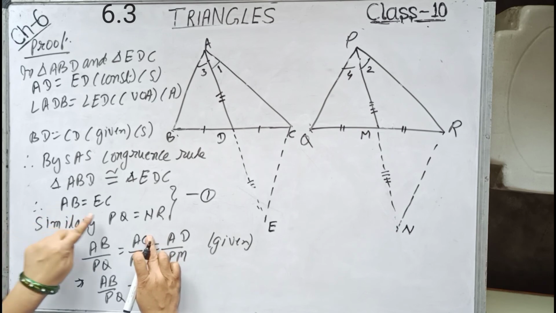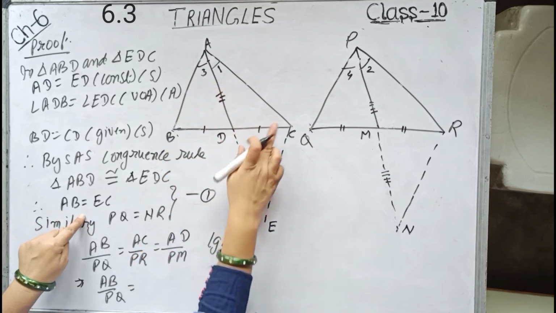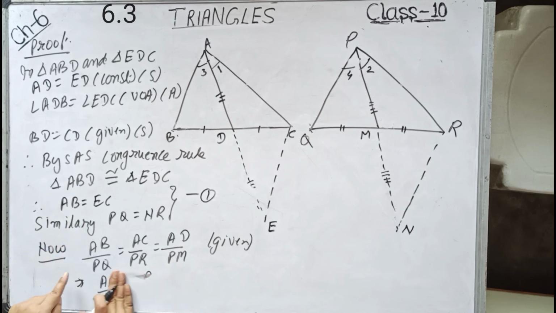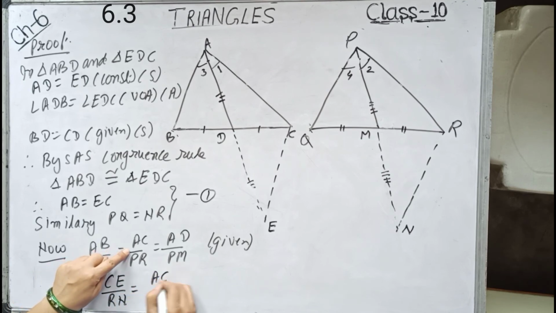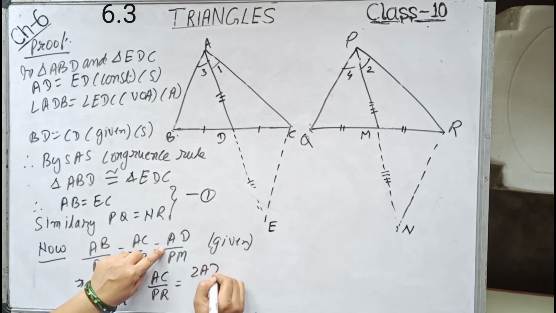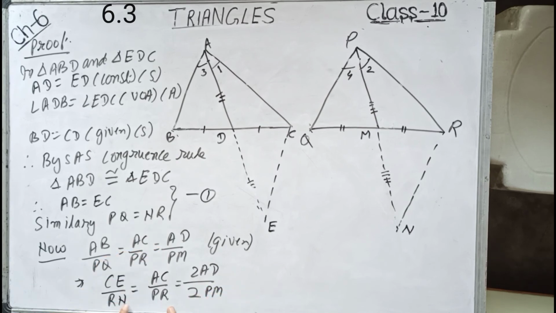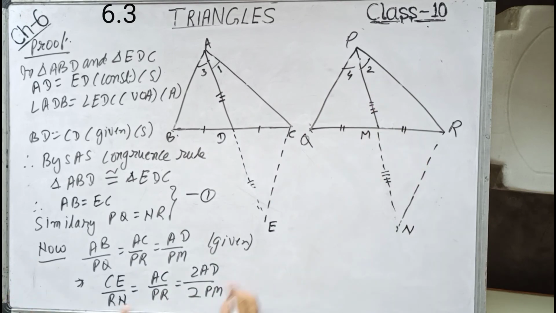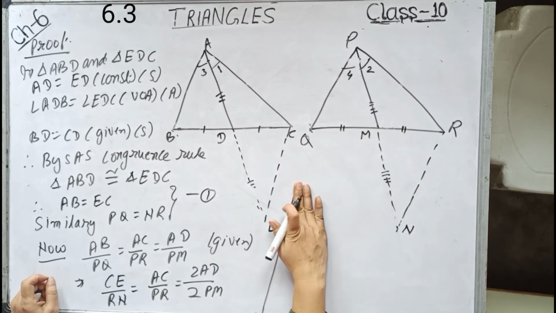Now, in place of AB we will do, so CE by RN equals AC by PR equals twice AD by twice PM. Why am I doing the change? Because this triangle I have to make similar to this triangle.